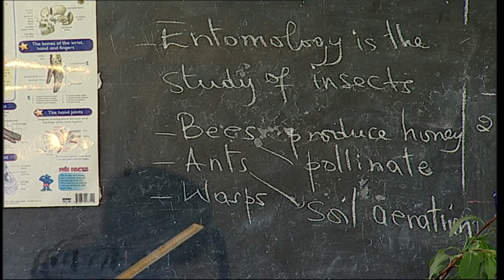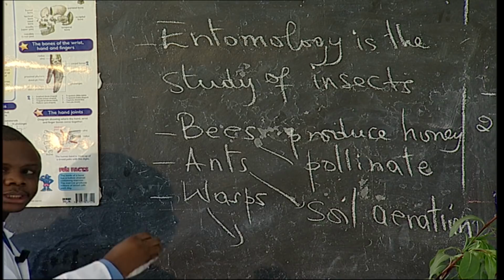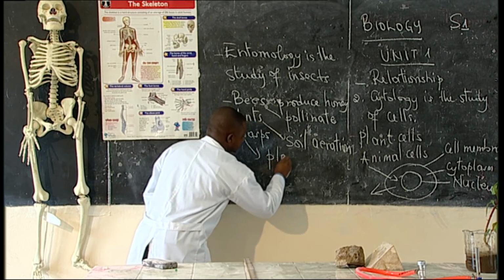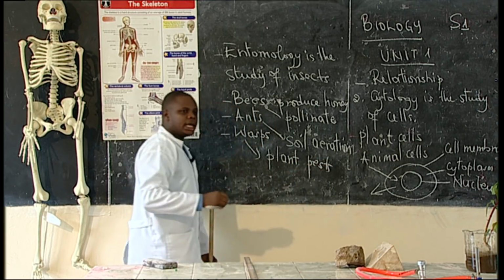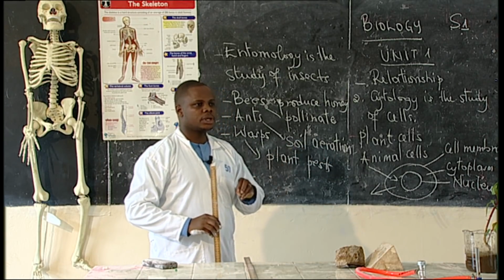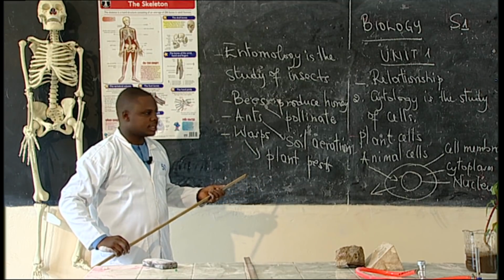Then wasps are also important because they can eat plant pests. When we say plant pests, we mean small organisms which can destroy our plants.